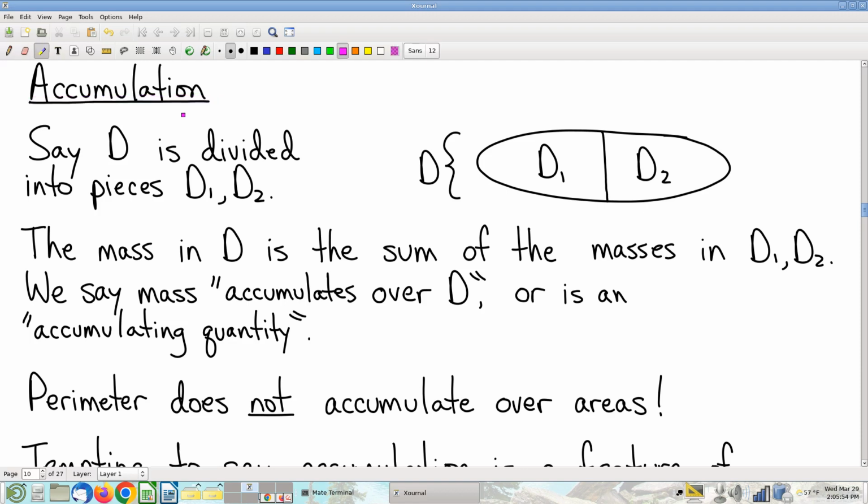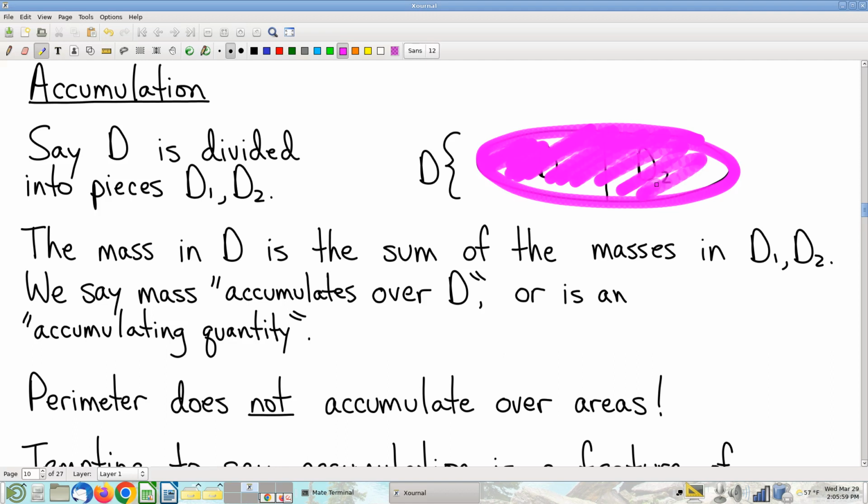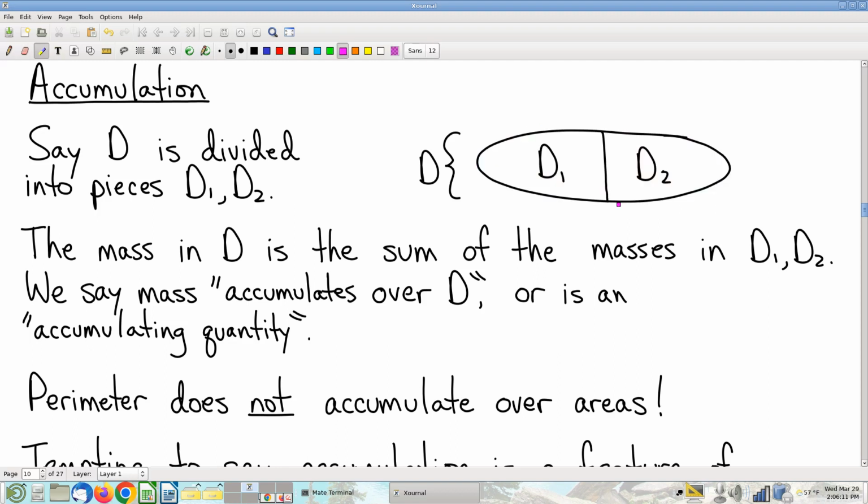So for example, if I have this region right here, solid two-dimensional region, if I ask how much mass there is on this whole, and then how much mass is there on this part, and then how much mass is there on this part, well, the whole is the sum of the parts. The total mass is the sum of these two half pieces of mass.